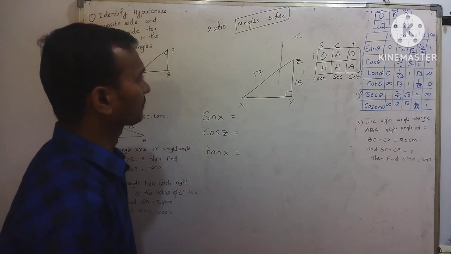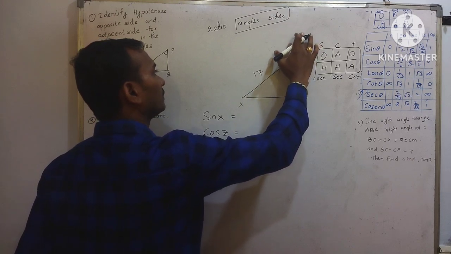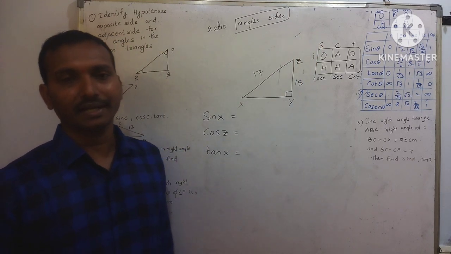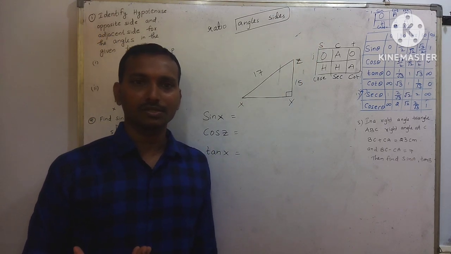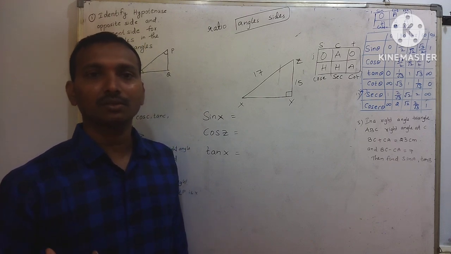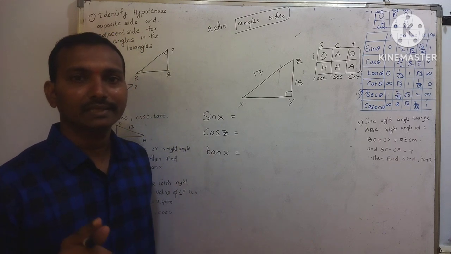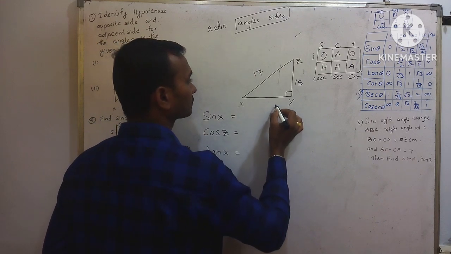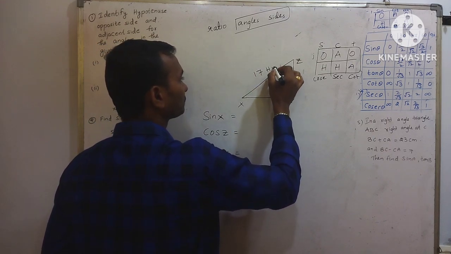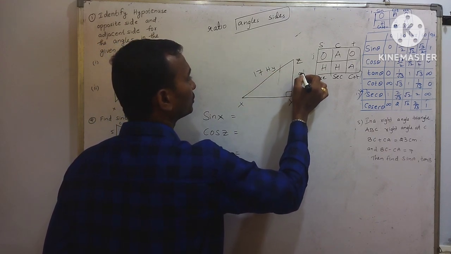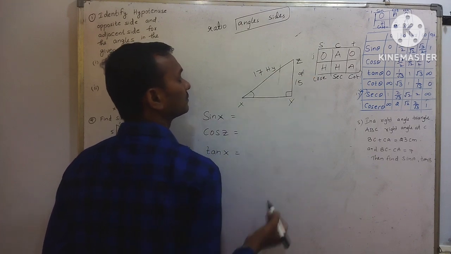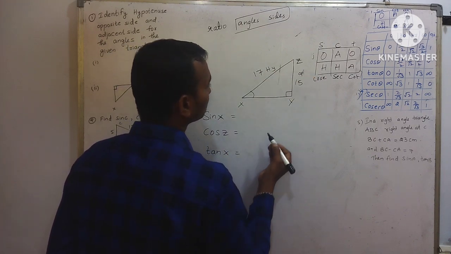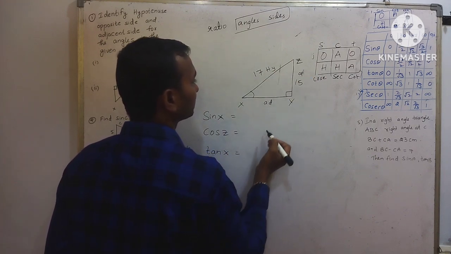So now we see. If you know two sides of a right angle triangle, we have to find the third side by using hypotenuse square is equal to opposite side square plus adjacent side square. We use the same concept. This is the hypotenuse. This is the opposite from angle X. So this will become adjacent.